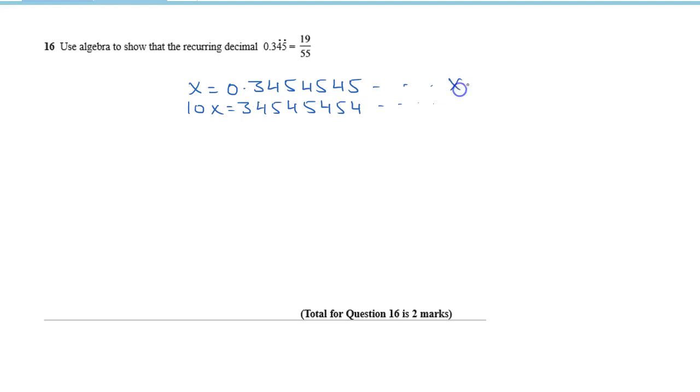Now if x is equal to 0.3454545, if I multiply it by 100, then 2 digits will move this side, so it will be 34.5454545.